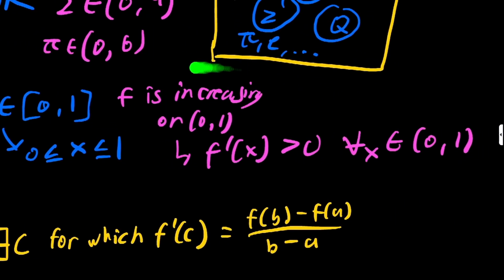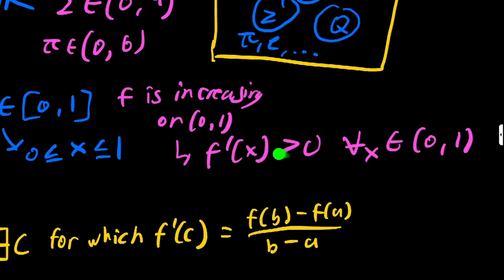Let's say that I want to say the function f is increasing on the interval from 0 to 1. Assume it's continuous and differentiable, twice differentiable, in fact. There's no way to say f is increasing without using words. So instead we say f prime of x is greater than 0 because that means that the function f is increasing, but we want to specify when it's increasing because it's on 0 to 1.